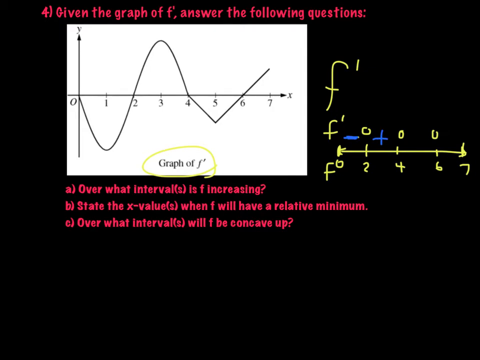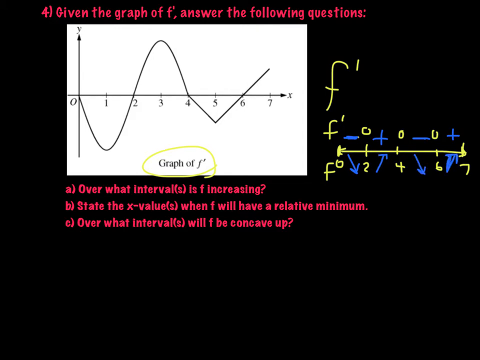Between 4 and 6, I'm again below. And between 6 and 7, I'm again above. Remember, if f prime is negative, that means that my function is decreasing there. Positive means it's increasing. So decreasing, increasing, decreasing, and then increasing.